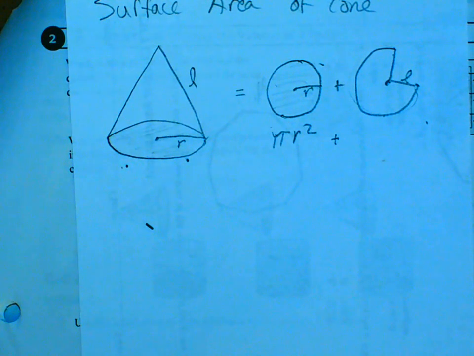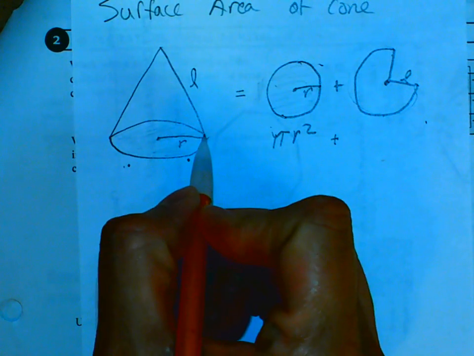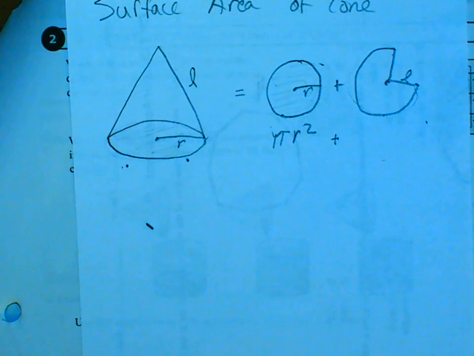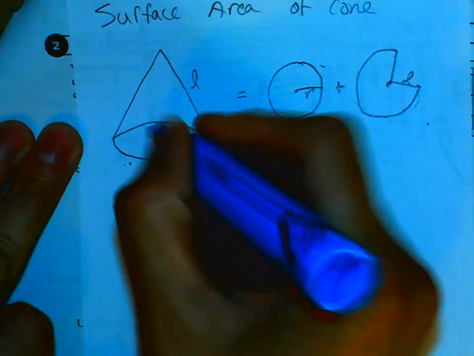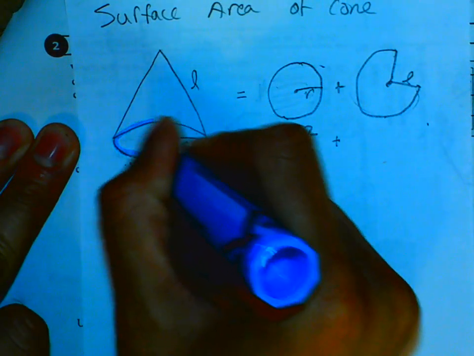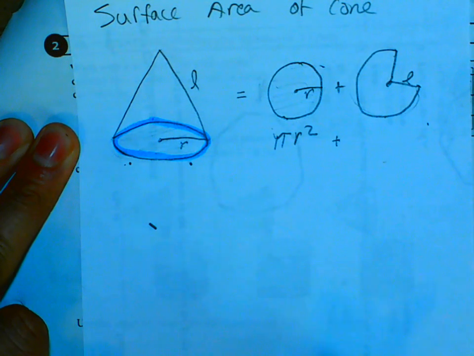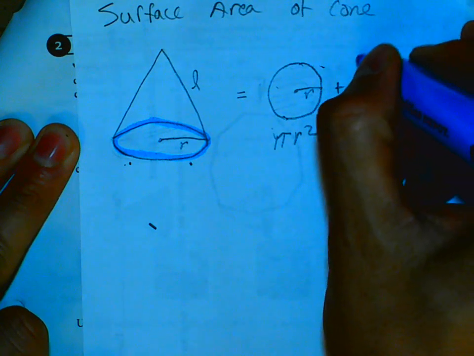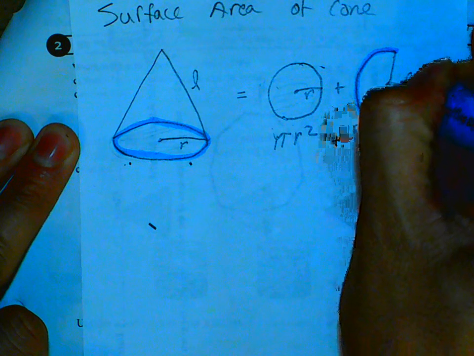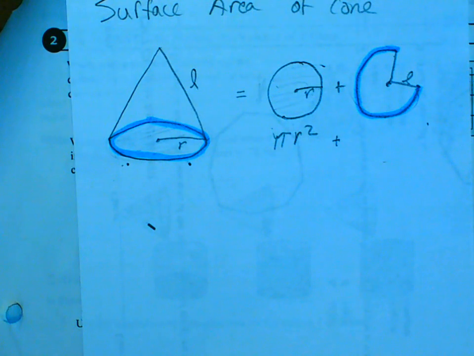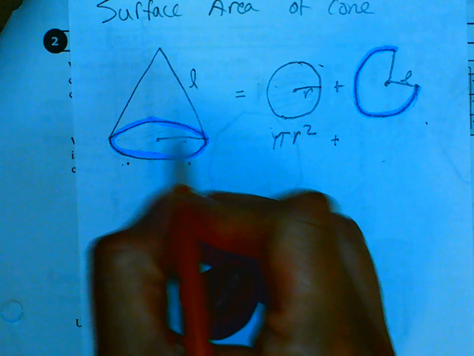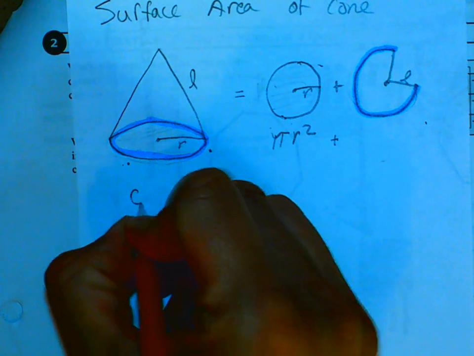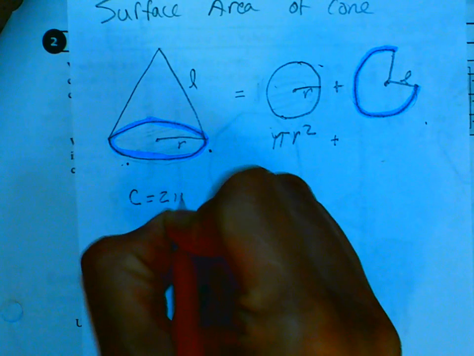Now, how are we going to get that? If we think about this distance right here, let me get a highlighter so I can show you. The distance around this circle happens to be the same distance as this. So what exactly is that distance? The circumference of the circle here is 2 pi r.